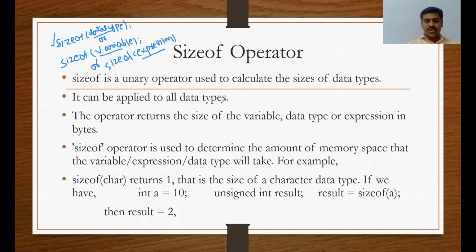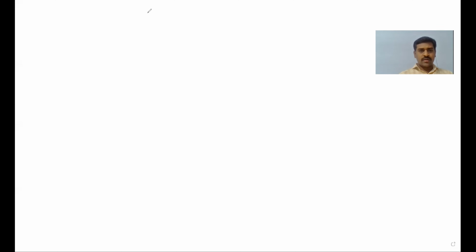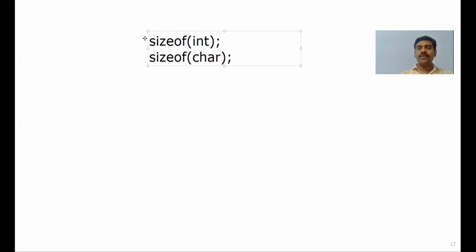I am going to show you an example of how to use it. Here I am writing sizeof(data type). For example, if I want to know the size of an integer variable, then I write sizeof(int). If I want to know the size of a character, I specify the data type char.